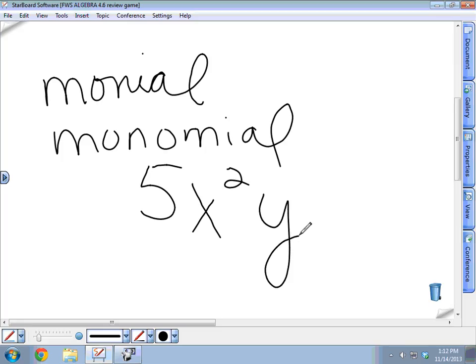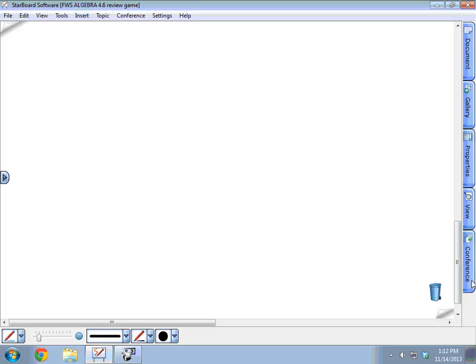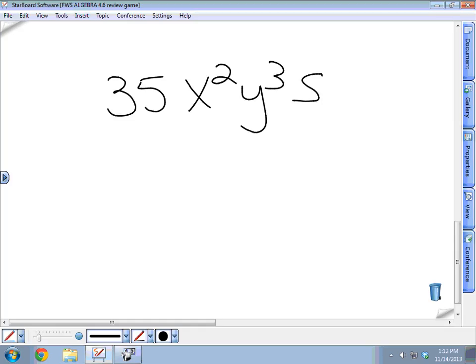It's any constant, which is just a number, or a variable, or the product of a combination of constants and variables. That's a monomial. In this particular monomial, the number 35, which is the constant part of the monomial expression, is called the coefficient.